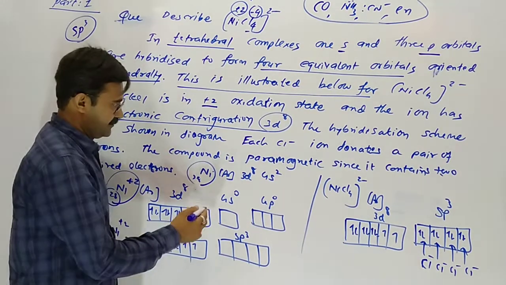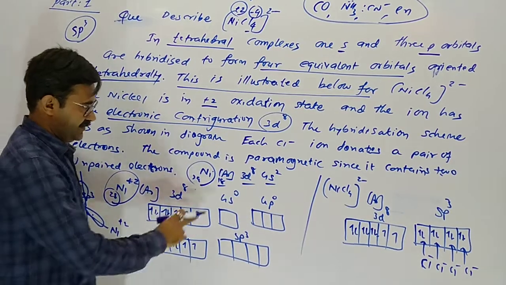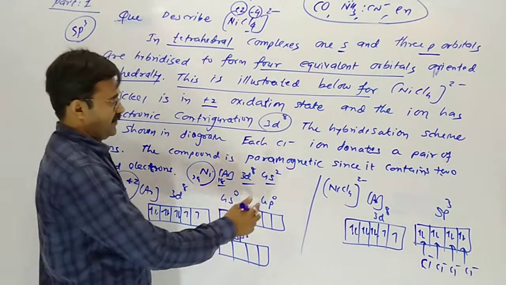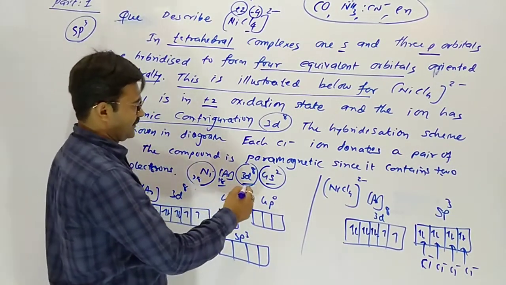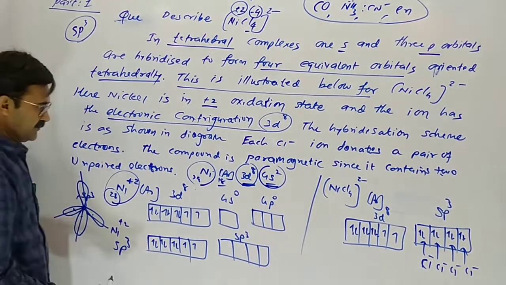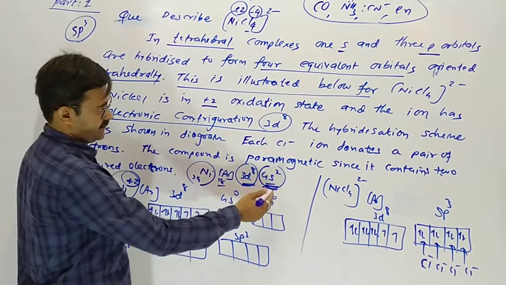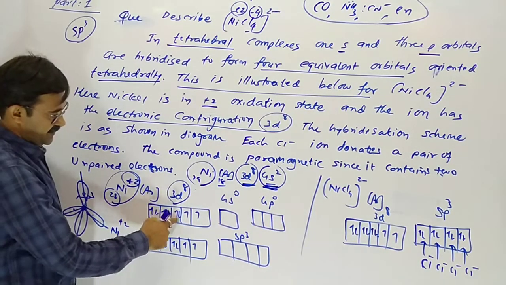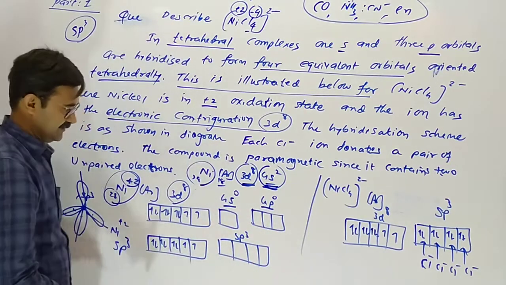Here 28: argon 18, then 4s2 and 3d8. 18 plus 2 is 20, plus 8 is 28. Fill 4s first, then 3d. On removal, 3d goes first and 4s last. A removal of 2 electrons from 4s. So 3d8: 1, 2, 3, 4, 5, 6, 7, 8. Now 4s is vacant and 4p is vacant.